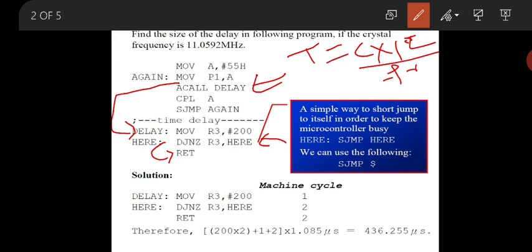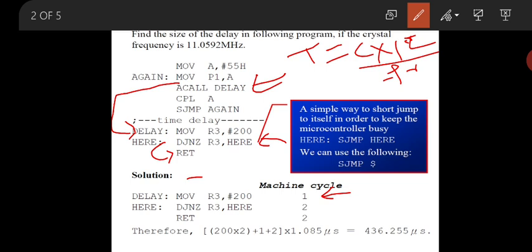So very simple: R3 is loaded with 200 and the next instruction, DJNZ, is executed 200 times, and when it reaches 0 the loop breaks and it goes to the return instruction. Now let me take the solution to calculate the delay. MOV R3, 200 consumes how many cycles?